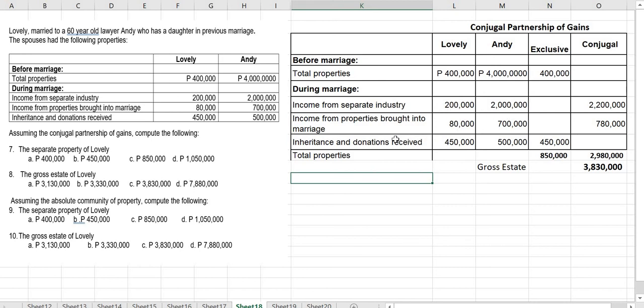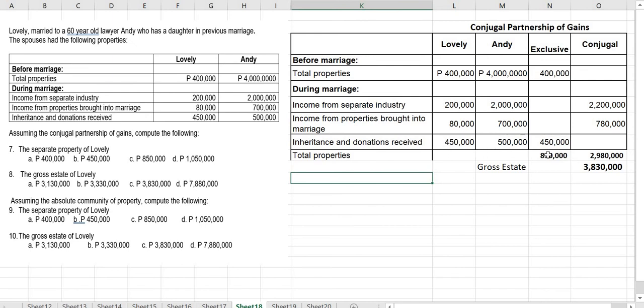As for the income from properties brought into marriage, as I said earlier, all income is conjugal property under conjugal partnership. The inheritance and donation received are, of course, exclusive under the two systems.